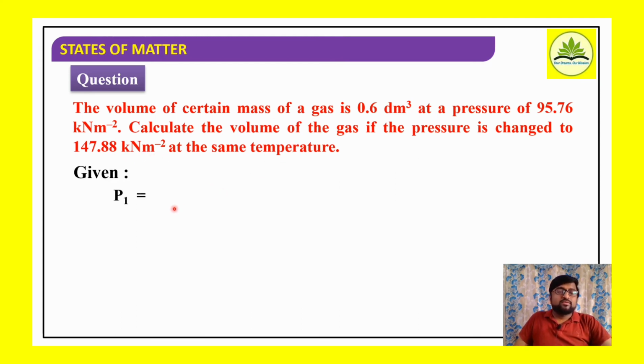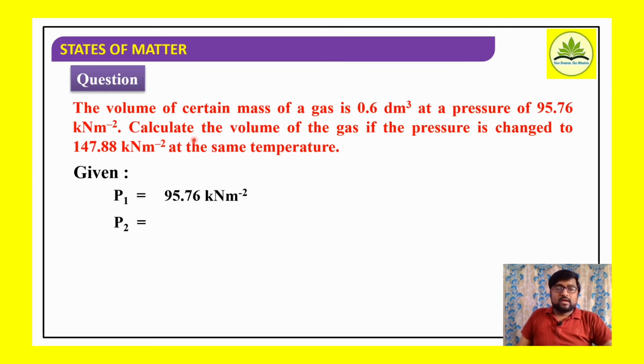Well, what is given here? P1 is equal to 95.76 kilo Newton per meter square. P1, corresponding volume, how much? So P2.